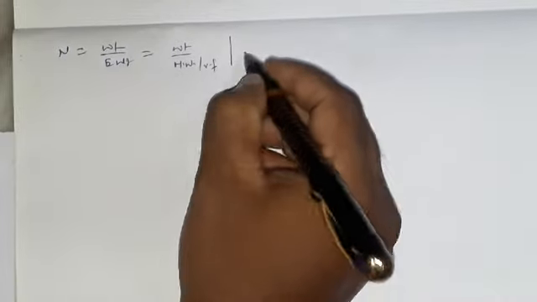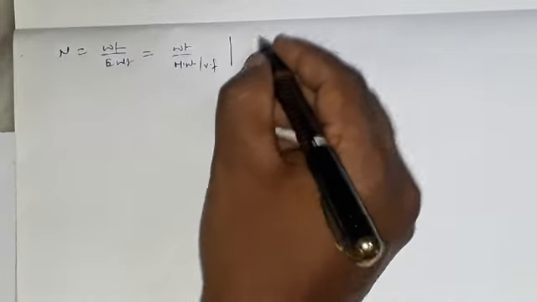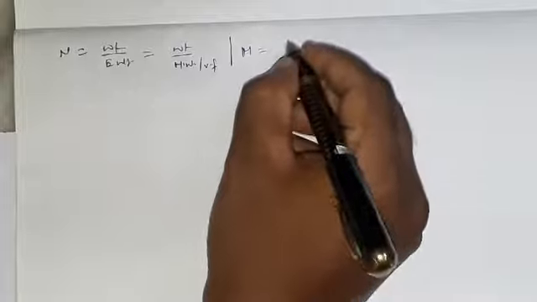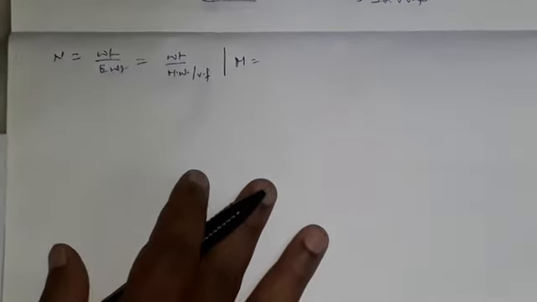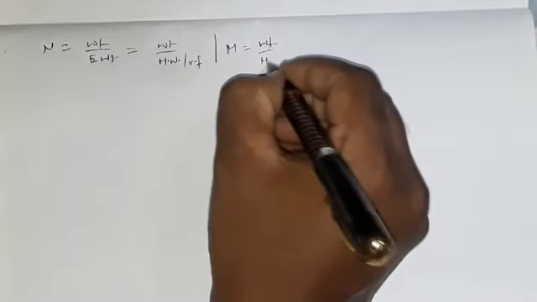If it is 1000 ml, then similar to this is molarity only. Molarity is denoted by capital M. So molarity is only weight by molecular weight, if it is 1 liter of solution.